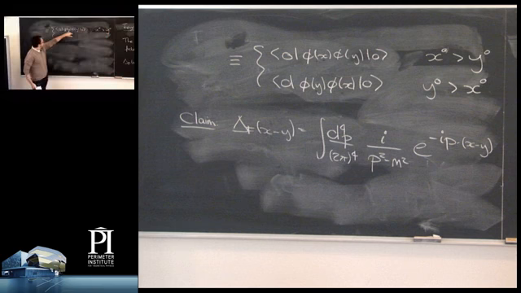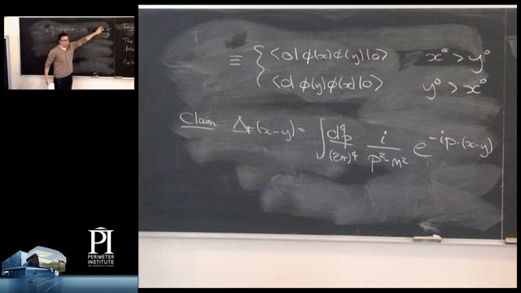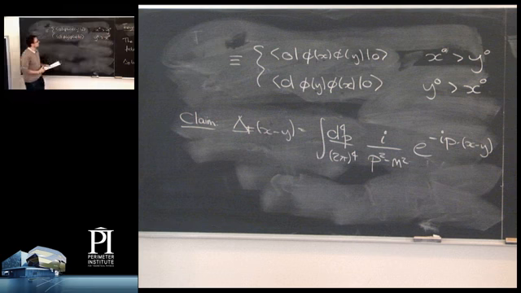If this point x is later than this point y, so if x0 is greater than y0, so again, we're really picking up the time-like component here. This is not a Lorentz invariant definition. Then you put phi x to the left. Otherwise, you put phi y to the left. Okay, so earlier operators go to the right, later operators go to the left.